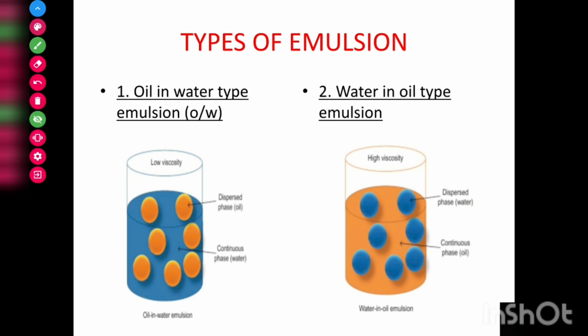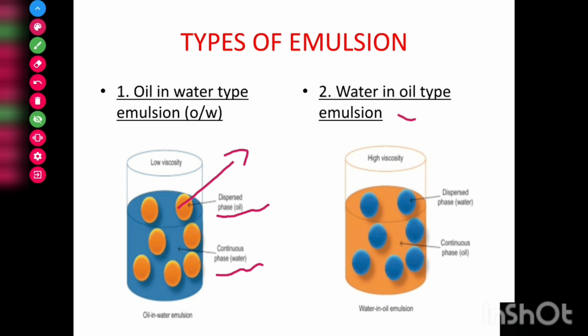From this figure it is clear that oil is dispersed as small globules in the aqueous phase. So the dispersed phase is oil and the continuous phase is water. This yellow color represents oil globules. Oil is dispersed as globules in water. So that is oil in water type emulsion.